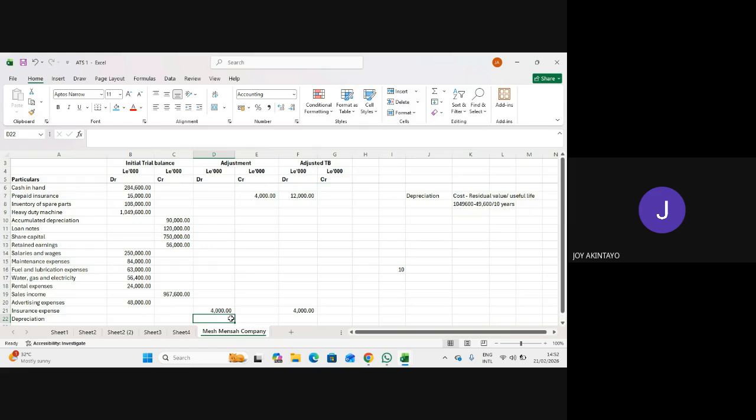When we get to the statement of financial position, it will give us the carrying amount, that's the net book value. We need it also to determine our net book value at the end of the period. The net book value is the carrying amount. So we debit 100,000 naira.